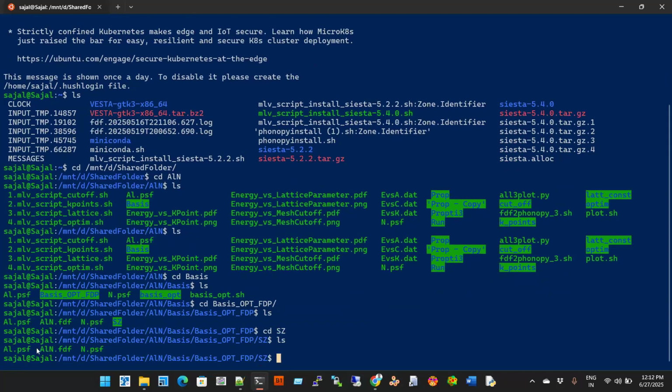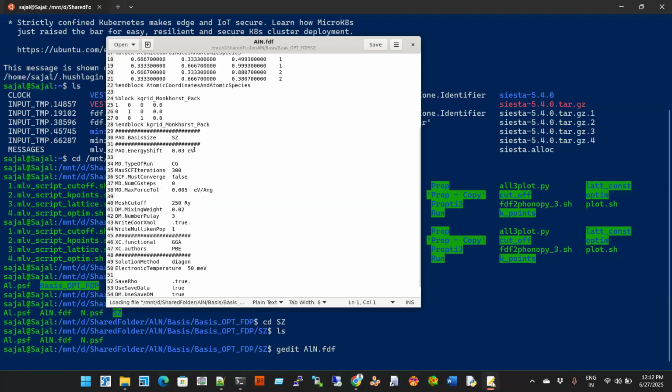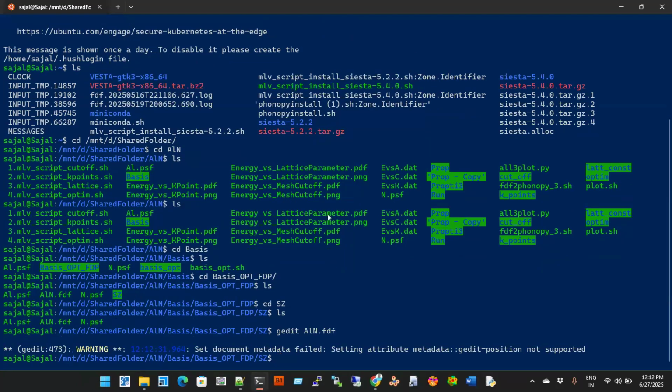These are the FDF file and the corresponding PSF files. I am double checking that the basis size is SZ or not. I am confirmed that the basis size has been taken as SZ. Now I am trying to run the siesta.